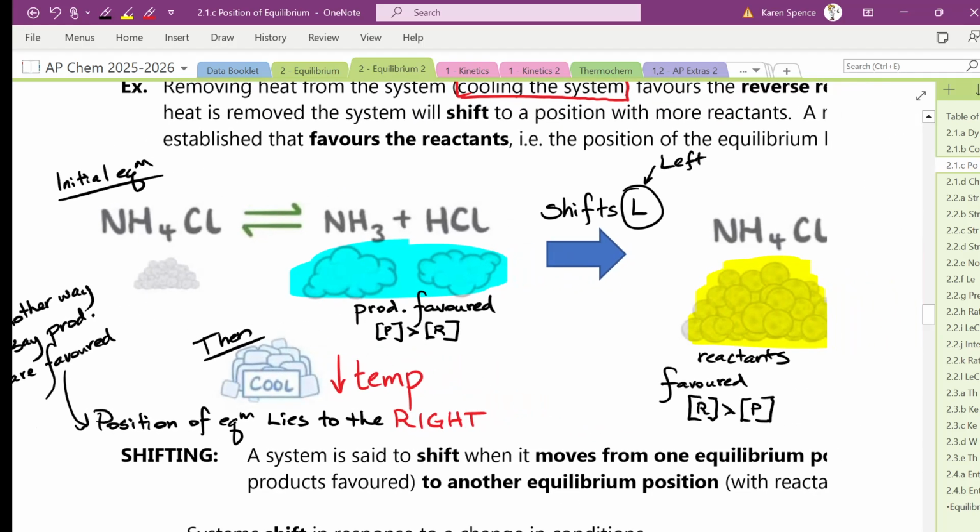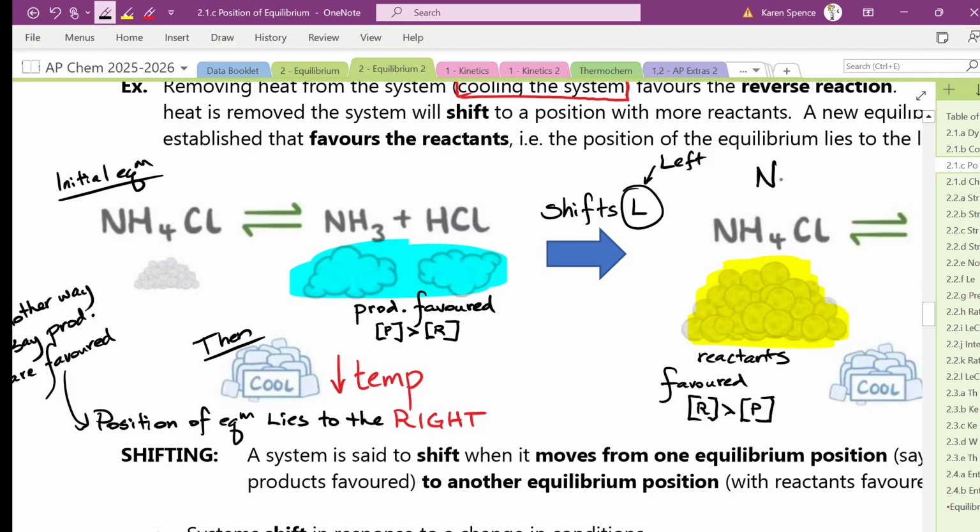What would we say about our new equilibrium? What would we say about its position? It lies to the left.